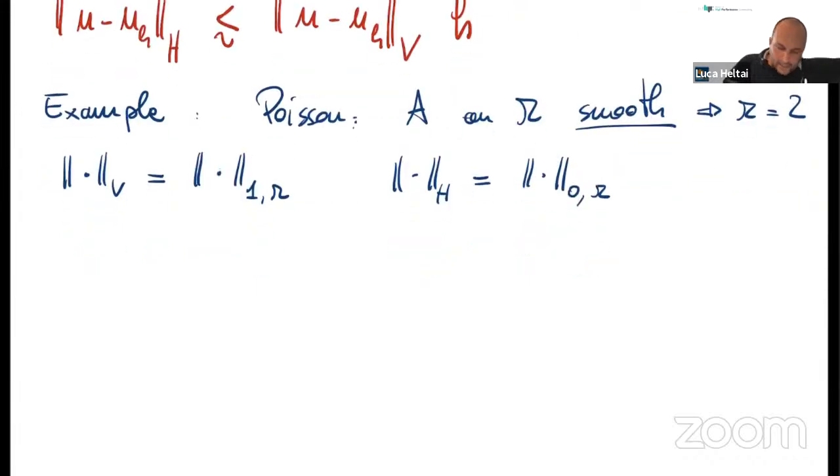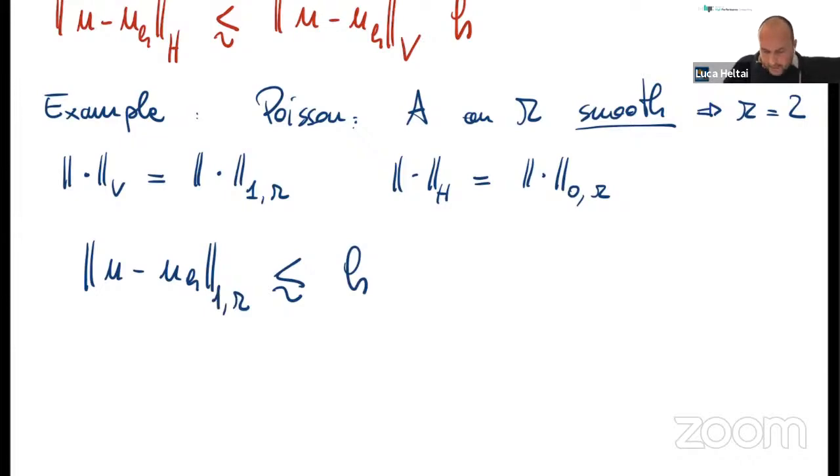So for the Poisson case, what we have just proven is that if you take the U minus UH norm V, this is the result that we had above. This is less or equal than H to the power K, and the norm V at this point is 1 omega, semi-norm U, K omega.